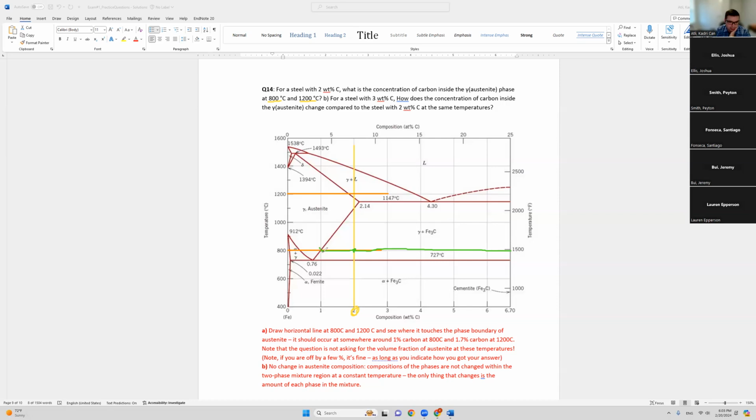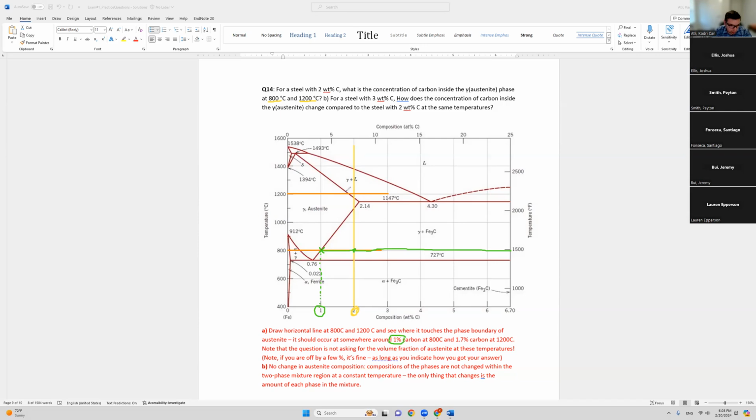But I'm concerned only about this intersect because the question asks me the concentration of the gamma phase, the austenite phase. So I find this intercept and draw this vertical line, and I find the result is about 1%. So at 800 degrees C, the concentration of carbon inside the austenite phase is about 1%. This is the answer.